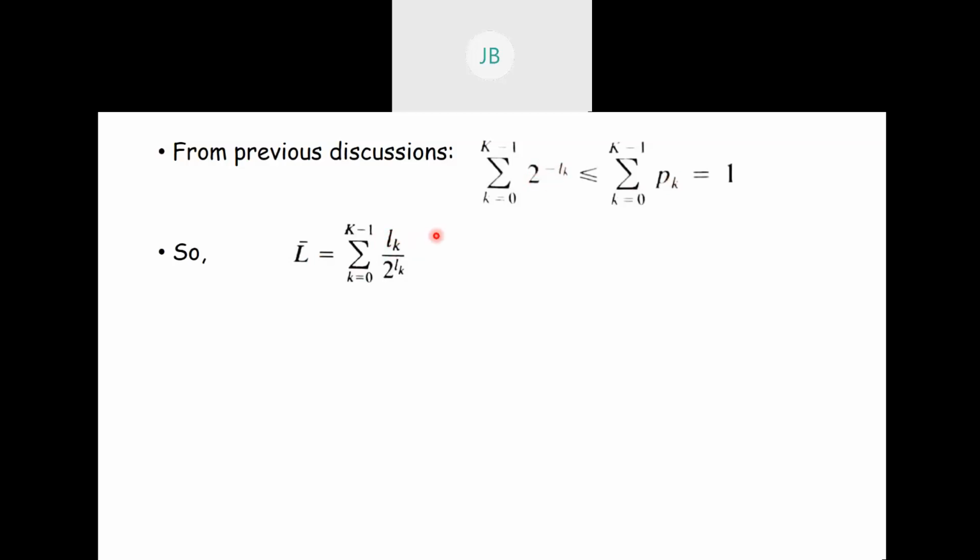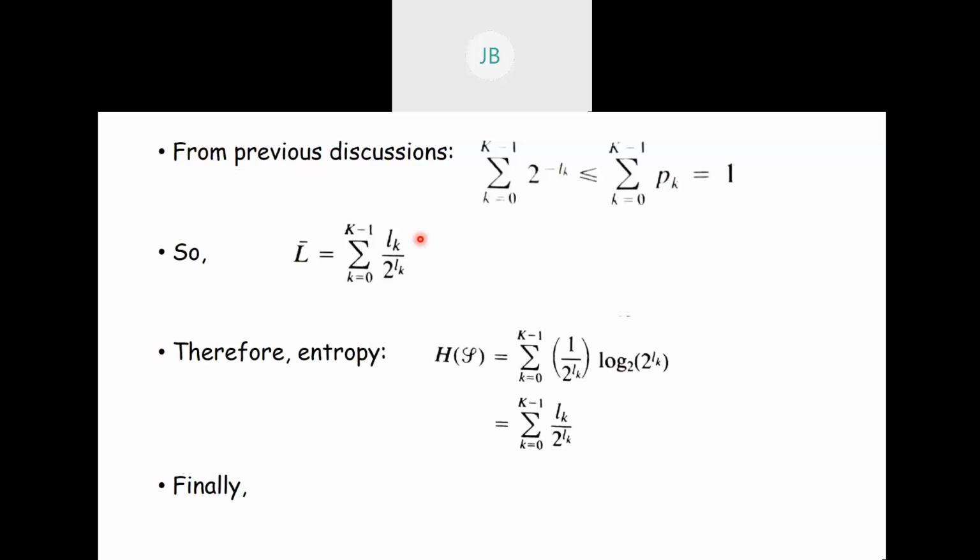So lk multiplied by pk is the general equation for average code word length. We are just replacing pk with this term, while lk stays as it is.